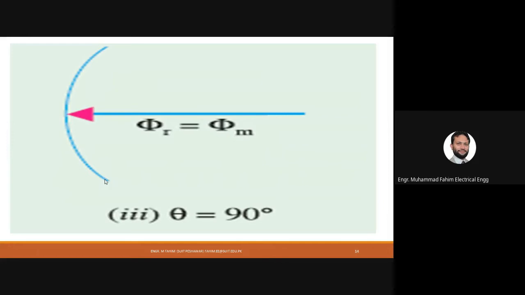So the total shift is 90-degree clockwise from the initial one, that is the 0 point.